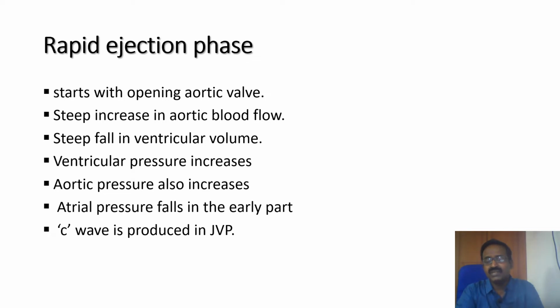The C wave is produced because during the rapid ejection phase, the tricuspid valve bulges inside the atrium. Okay, that produces the C wave in the JVP.